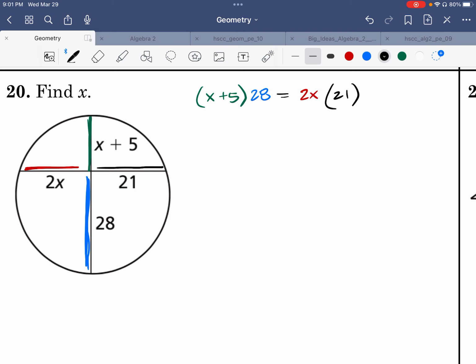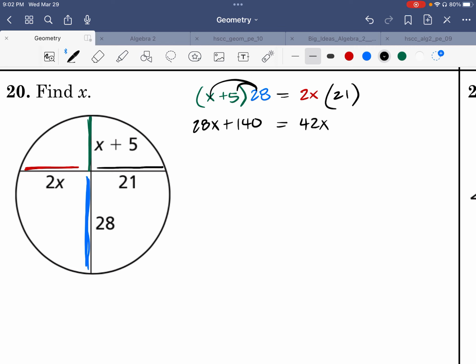So the theorem states that if two chords intersect in a circle, then the product of their pieces must be equal to each other. So we just do a little bit of math on this. We're going to use the distributive property over here. That's 28x plus 140 is equal, and then 2x times 21 is 42x.